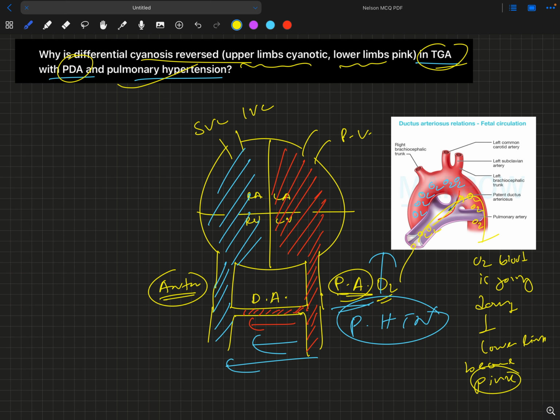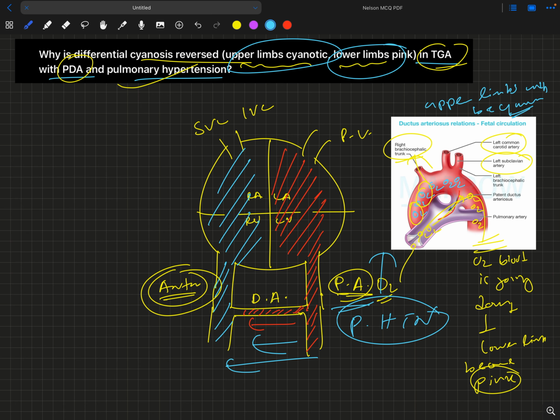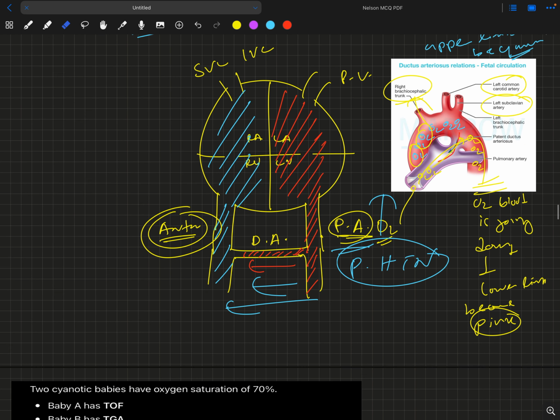On the other hand, the deoxygenated blood in the aorta goes into the right brachiocephalic trunk and left subclavian artery, so the upper limbs will be cyanosed. The upper limbs become cyanotic and the lower limbs become pink in TGA with PDA and pulmonary hypertension. So this is a very important concept.